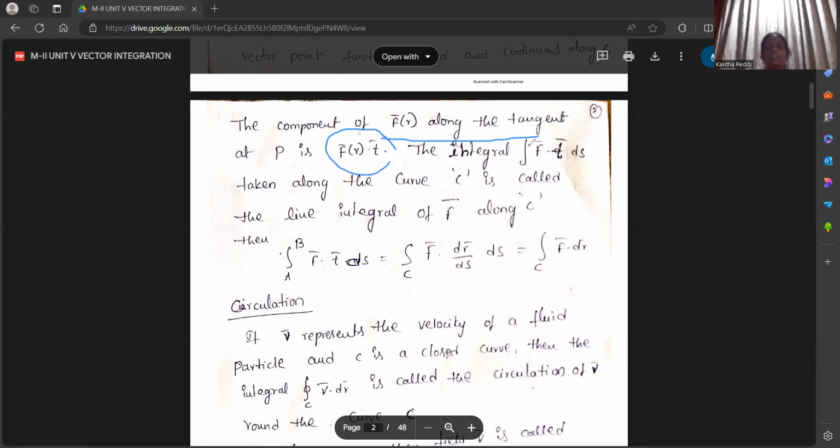The integral of f bar dot t bar ds taken along the curve C is called the line integral.